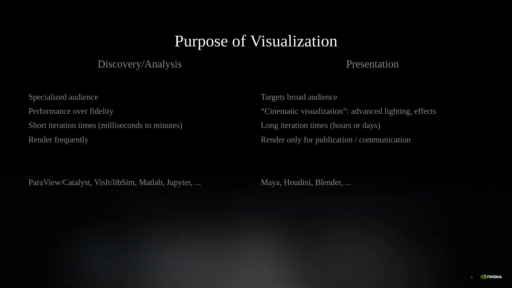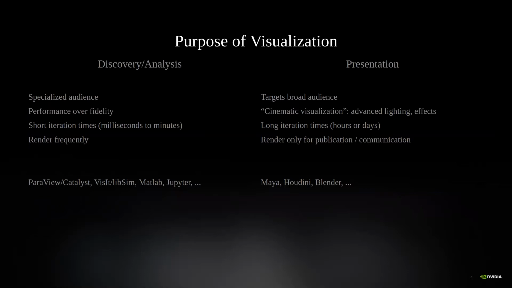So just to give context for how I think about visualization, I usually think about it in two contexts. The first is discovery and analysis, which is your day-to-day visualization. That's something you'll do for a specialized audience, yourself or colleagues, people who know most of the context, and you really just need to get some particular point of data or some new discovery across.